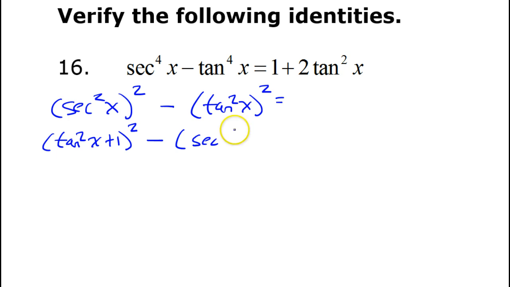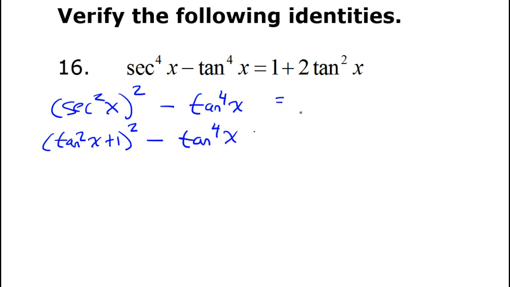Actually, maybe I won't do that. By making the substitution, I'm getting all tangent. So that was about to be silly. So I'm going to leave this one alone so I can just have all tangent. I'm going to leave this as tangent to the fourth power x and hope for the best. So I'm going to bring down my tangent to the fourth power.